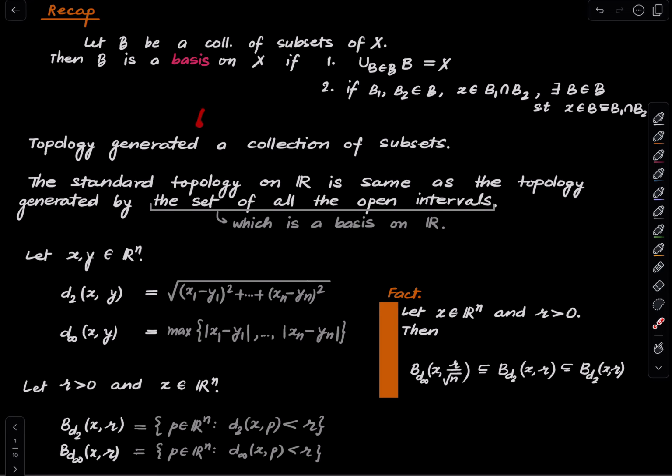If tau is the topology generated by a collection C of subsets of a set X, then every element of C is an open set in this topology, meaning every element of C is a member of this topology.